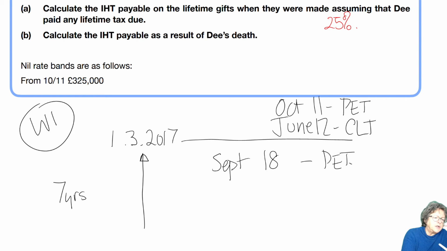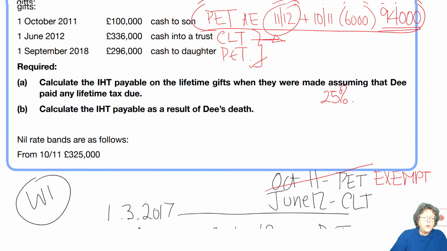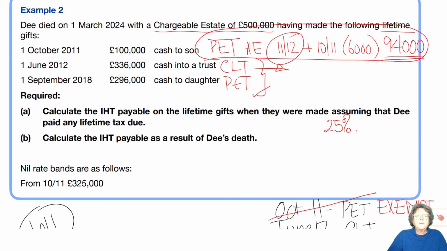Okay, now I'm going to change my pen back because I need to see all of this. All right. That PET in October 11 is now completely exempt. There was no lifetime tax. There is no additional tax on death, as in stage 2. So the £100,000 cash to the son, tax-free.